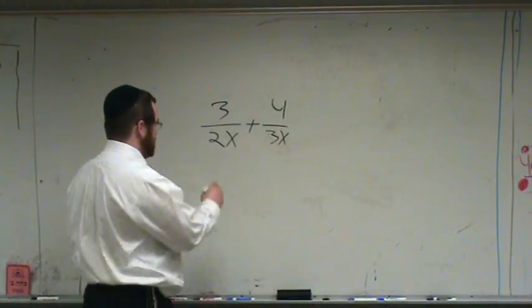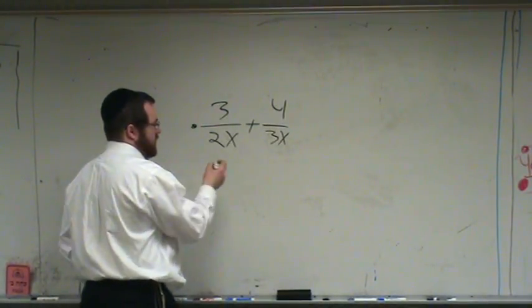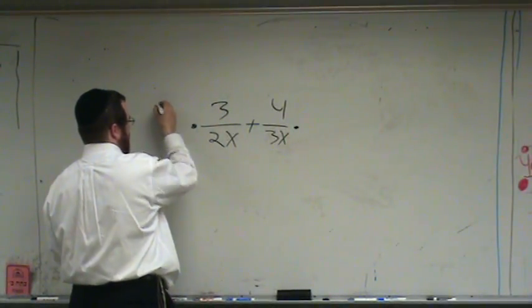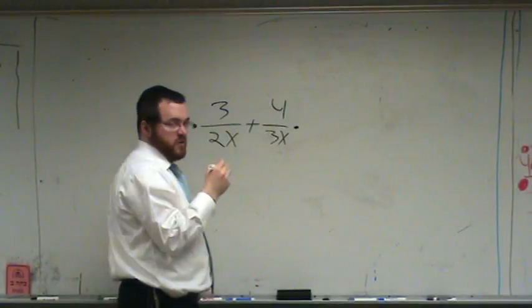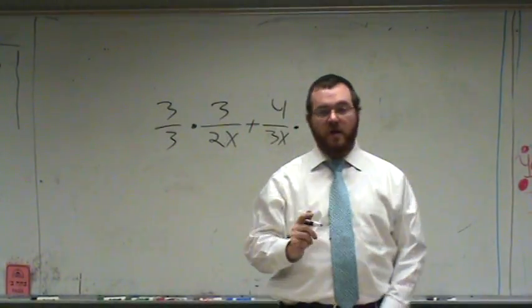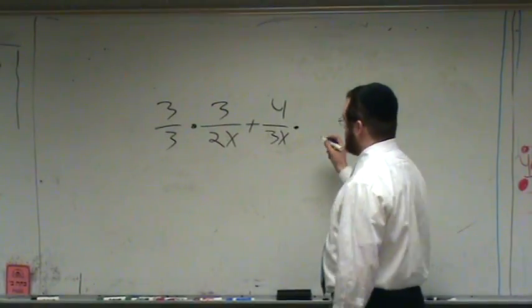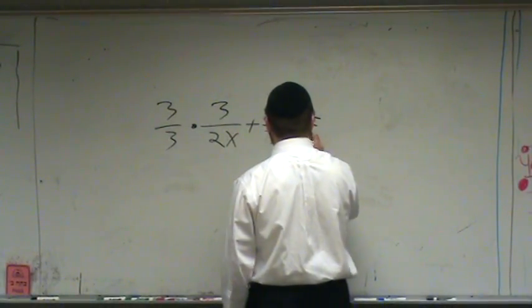They're factors of 6. So, to give it both a 6, what we're going to do is, we can multiply the left side by 3 over 3, because you're allowed to multiply or divide anything by 1, and anything over itself is equal to 1. And the right side, we can multiply by 2 over 2.